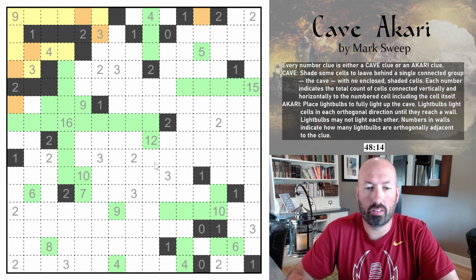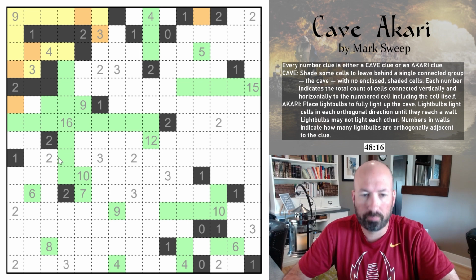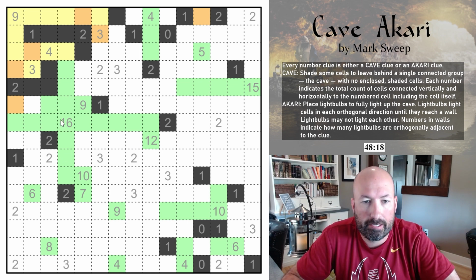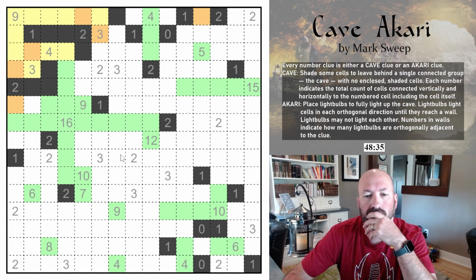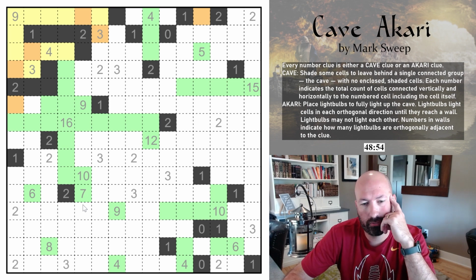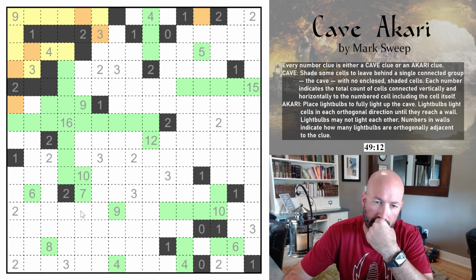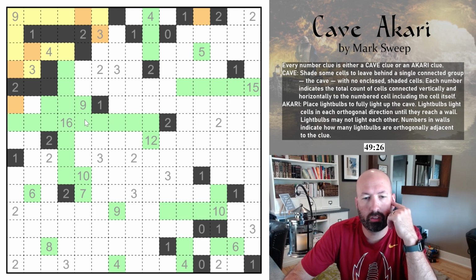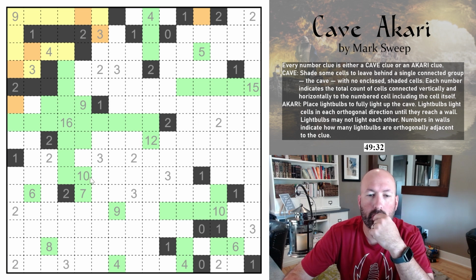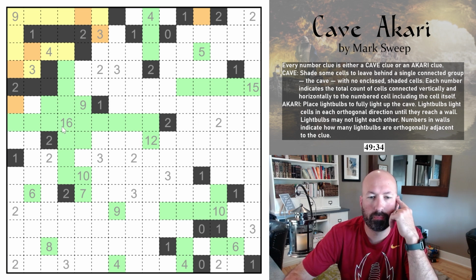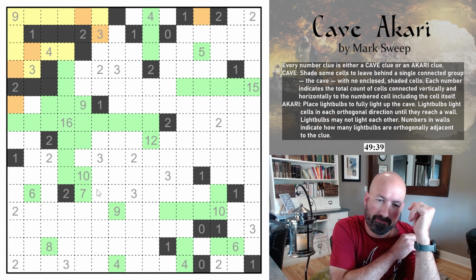That's going to make these walls. Okay. Now, we know that this wall section up here has to somehow connect to the edge of the grid. The 9, 1, 2, 3, 4, 5, 6, 7, 8. It's got to go down at least one more. Could still connect to the 7.